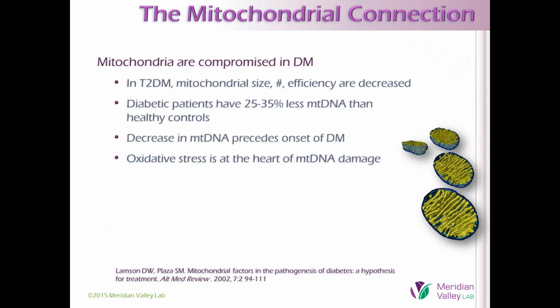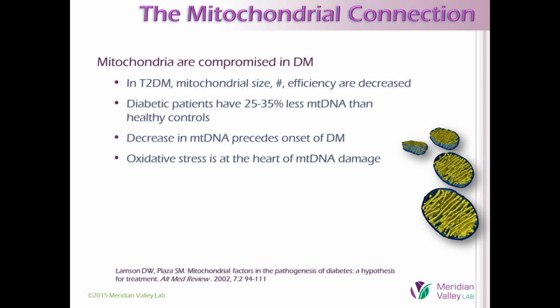So if we look at the extreme, which in this case is type 2 diabetes, and we start from there and then look back at mitochondrial health, it's known that mitochondrial size and mitochondrial count and efficiency are decreased. We know that diabetic patients have overall less mitochondria. It's a little bit redundant, but to make the point there.